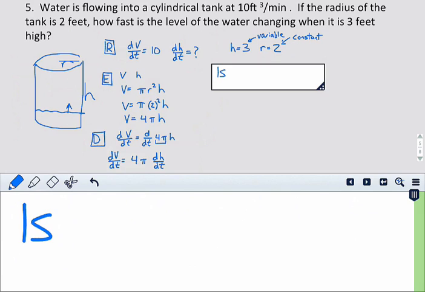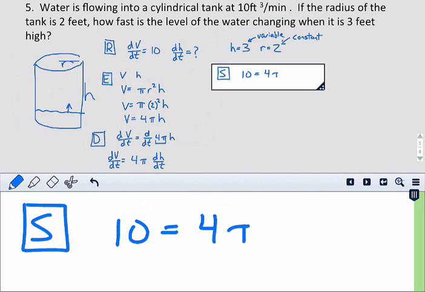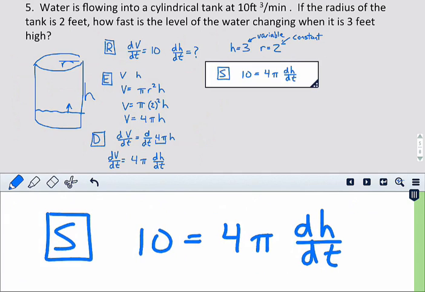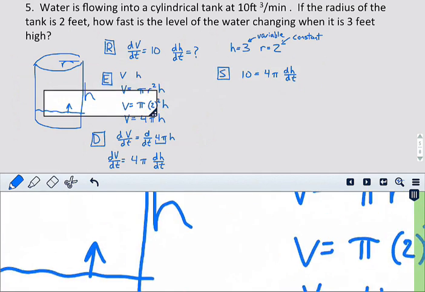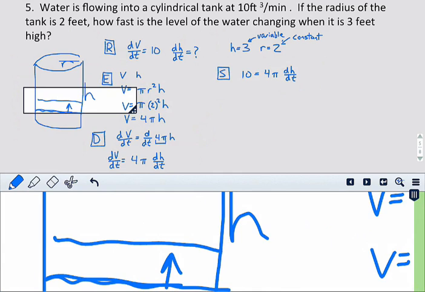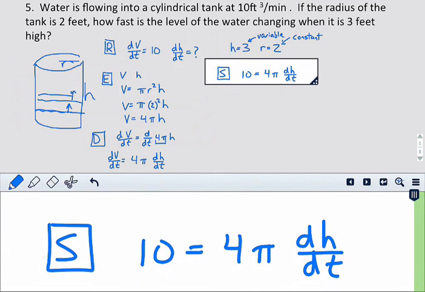So now we'll go ahead and substitute everything we know. dv over dt is 10. 4 pi's are constant, and what we're looking for is dH over dt. And notice here that the height doesn't actually even change our rates. So pretty much what that's telling me is as this is increasing, because that radius stays the same, that it's increasing at the same rate at whichever height we're at.